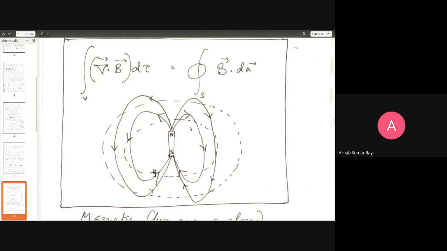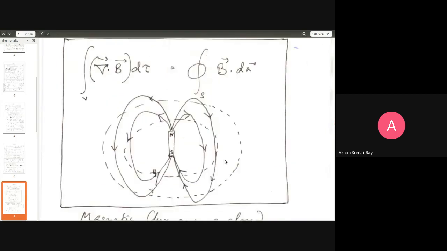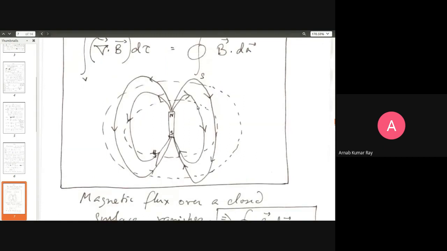But let us look at this closed surface integral. What do I mean by magnetic flux over a closed surface vanishes? Just look at this smaller Gaussian surface, the dotted surface. A field line is going out, and again it is going in. It is coming out here, again it is going in. So the number of times a field line goes out is also equal to the number of times the field line goes in. Look at the larger field line. It is coming out over here, and then here it is going in.